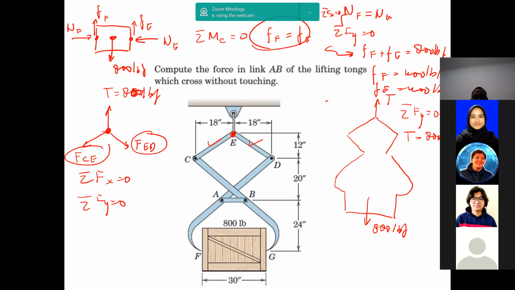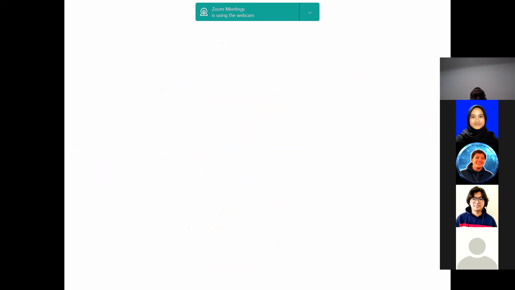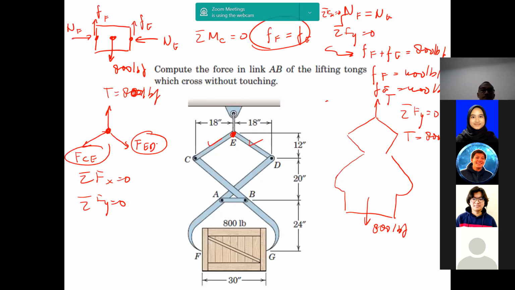So now I want to draw for CBG. Okay, CBG is roughly like this. What forces do we have there, Fauzan?